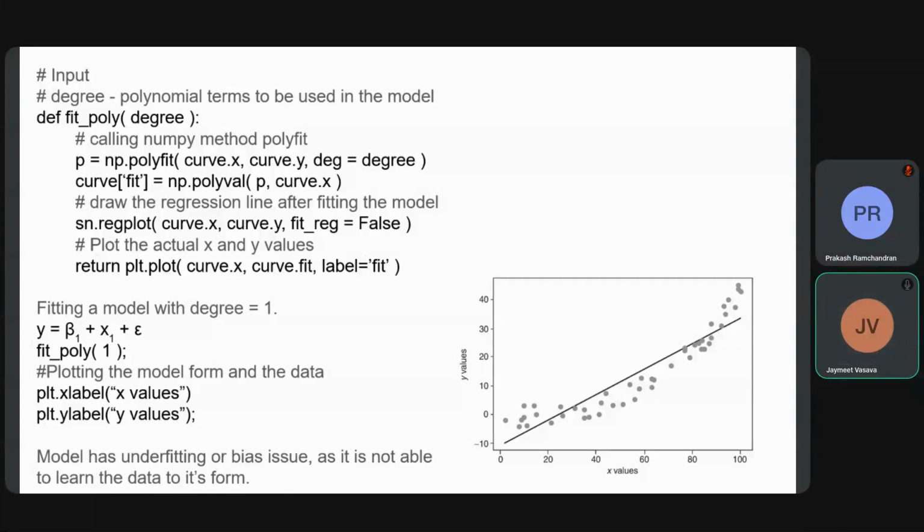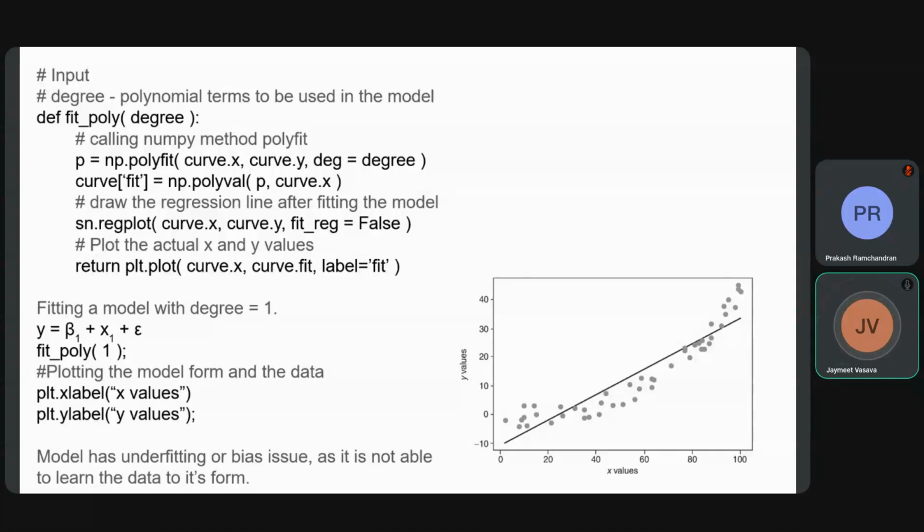For the fit poly with degree 1, you can see there is a regression line forming on the graph, and the data is not fitting well. As you can see, the data is not nicely coming around the regression line.